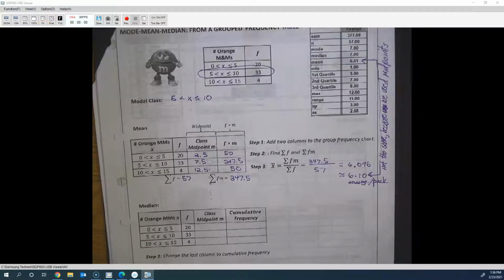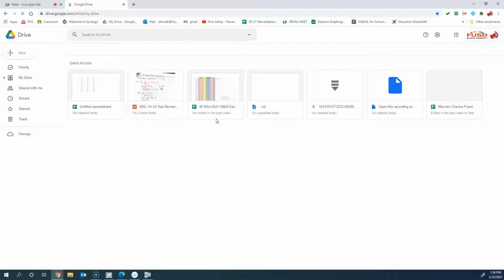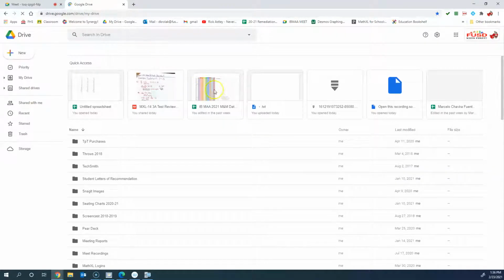Okay, so let me show you here real quick. Good question. If it doesn't use the midpoint, then what does it use? Okay, I'll show you. Let's do this.